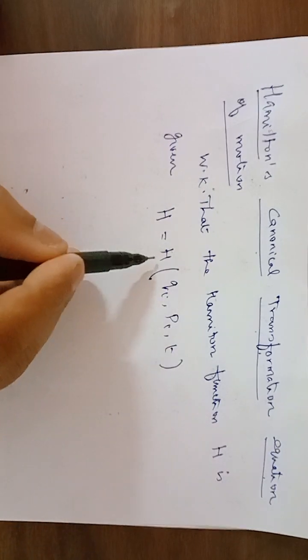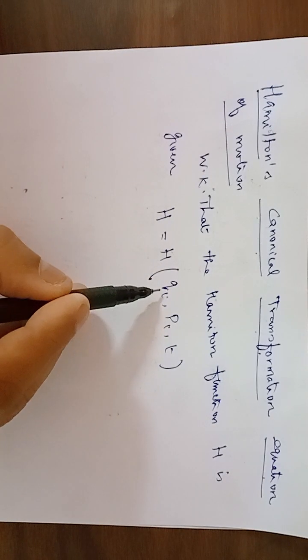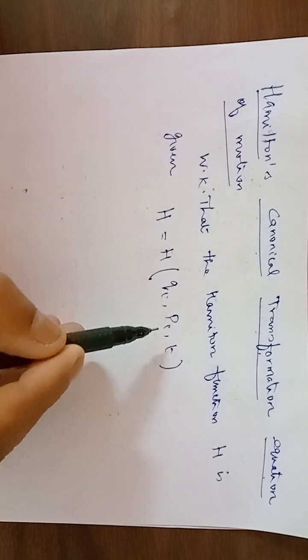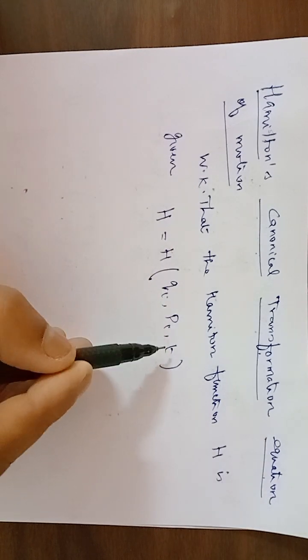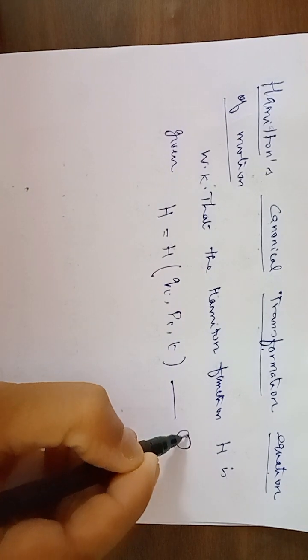That is, the Hamiltonian function depends upon three coordinates: qi, pi, t. qi is the position coordinate, pi is the momentum coordinate and t is the time. Make it equation number 1.